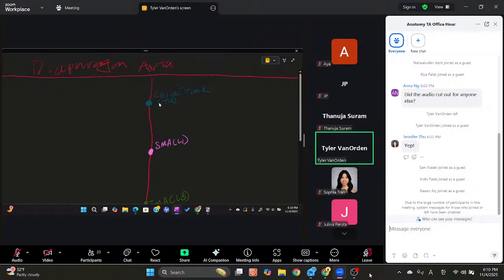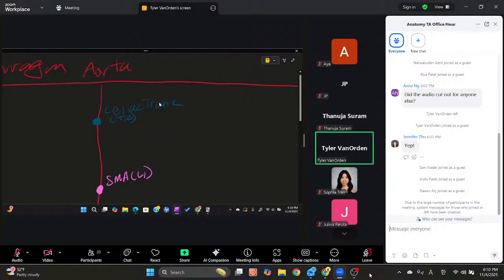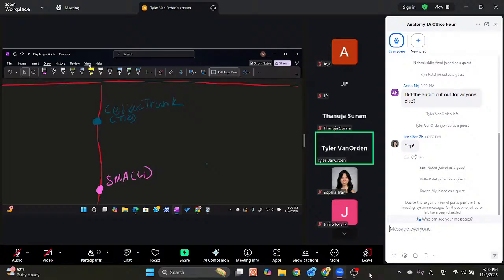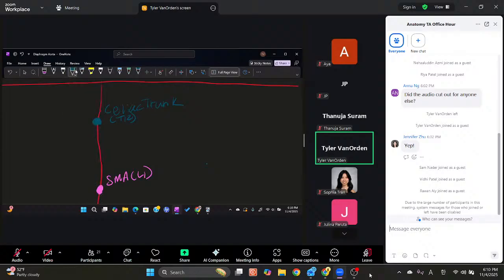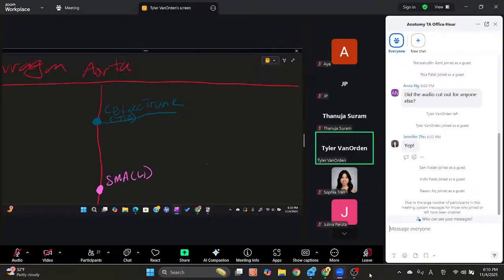Okay. So we're going to go back to the celiac trunk. Now, there's a lot going on with the celiac trunk, but there's three that come off the celiac trunk right away, and they're very easy to identify because they're named where they're going. So the two that are going off towards the left-hand side, very conveniently named.